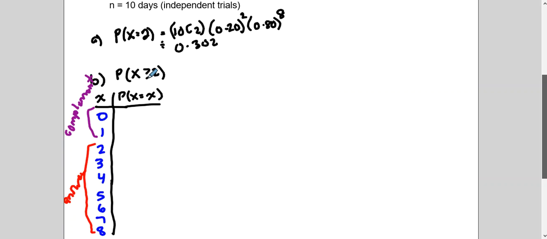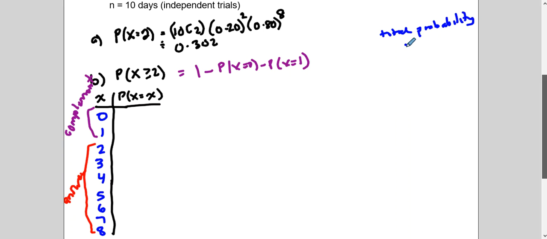Well, the complement in this case is going to be 1 minus whatever the outcome is for 0 minus the outcome for 1. Both would get you the correct answer, because we know that the total probability must equal 1. So let's keep that in our minds.